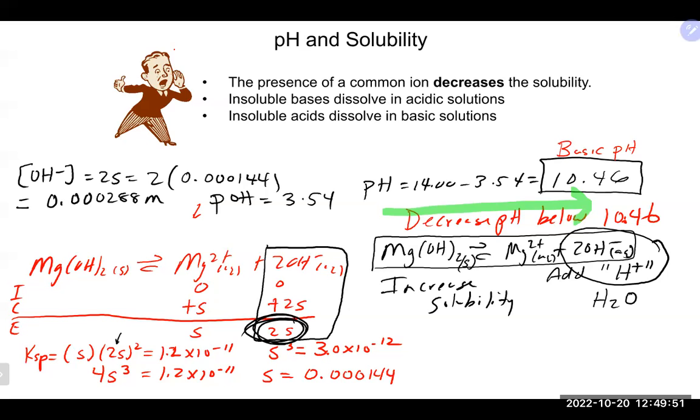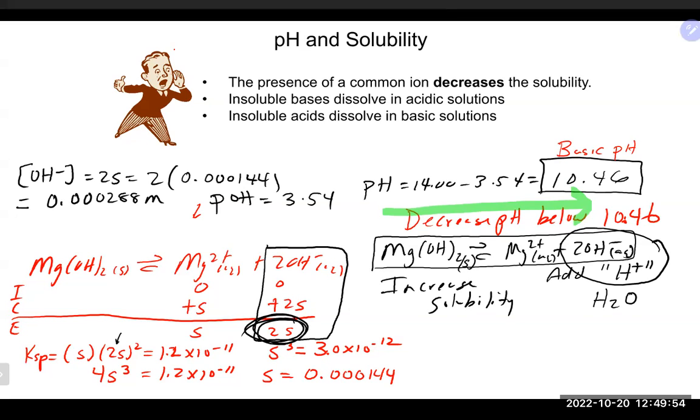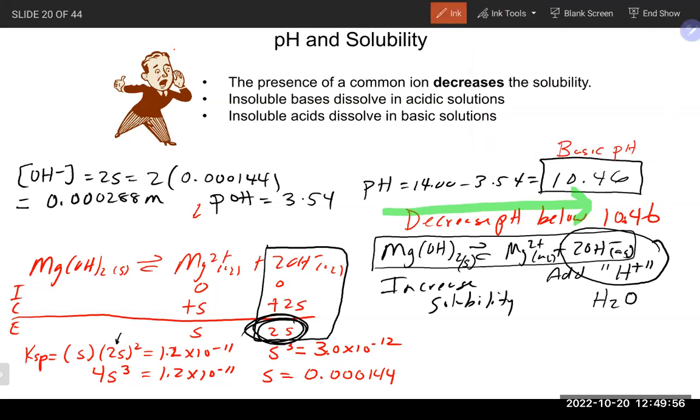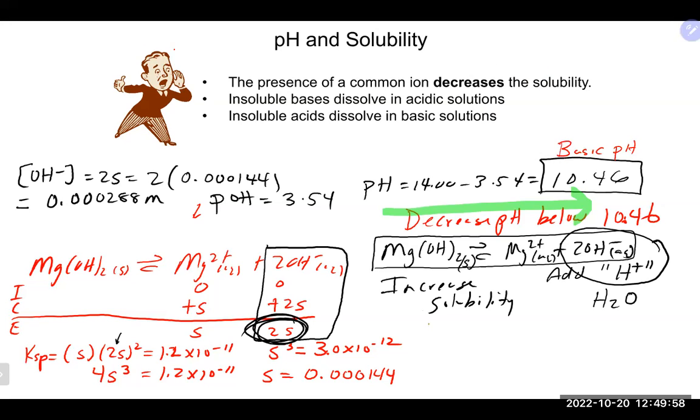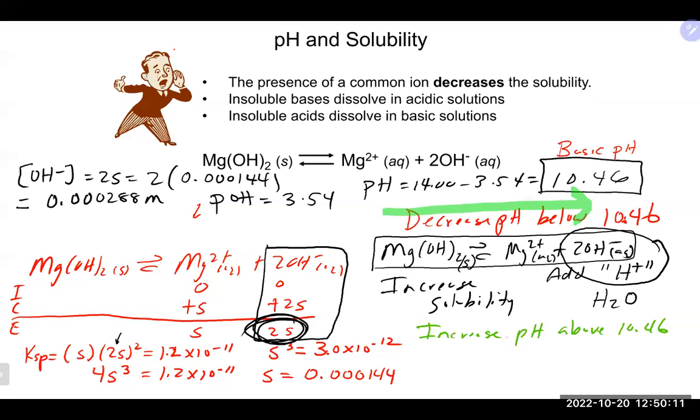So let's talk about here to finish up, what would happen if we did the opposite and we decided to increase the pH above our 10.46 cutoff. To increase the pH above our 10.46 cutoff, we would have to add a base, right? And adding base basically is adding hydroxide, right? So we'll use this up here.